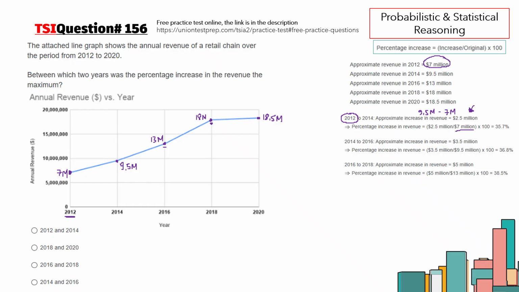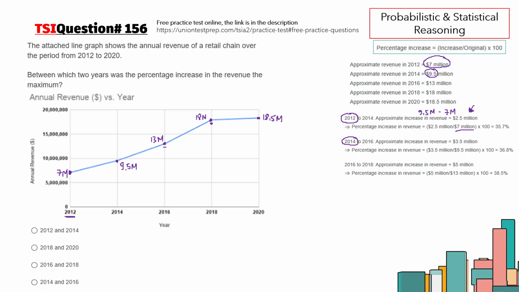So we take 2.5 divided by 7, the million is cancelled out, and then we multiply by 100, and that gives us 35.7%. We do similarly for the rest. So the second period starts from 2014, so we have to know that the original amount is 9.5 million.